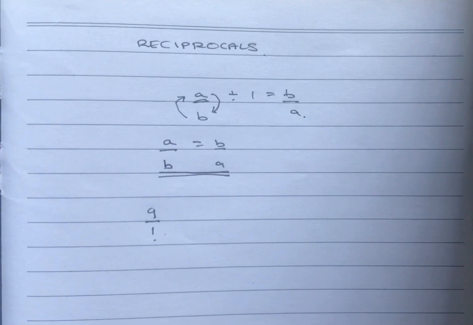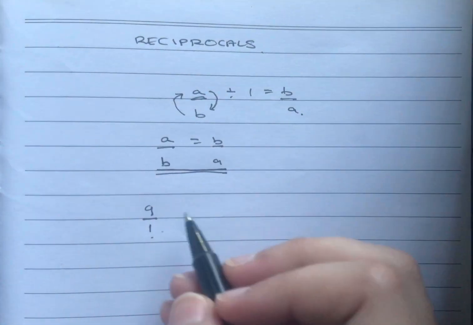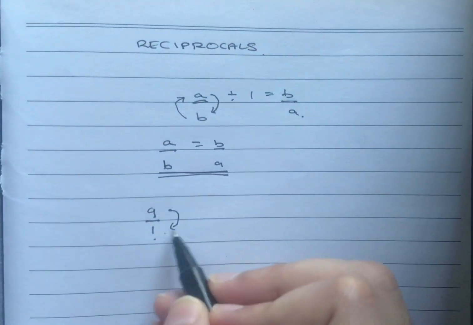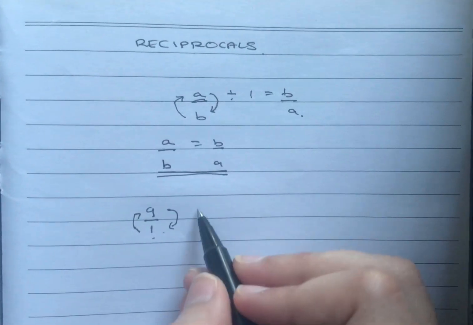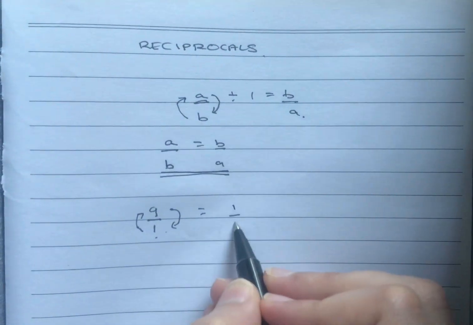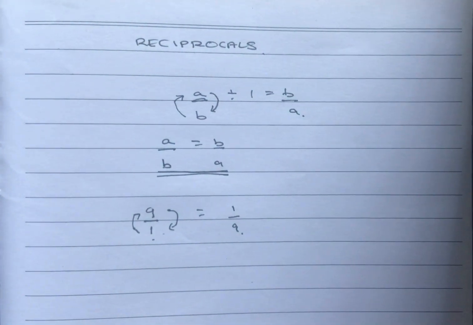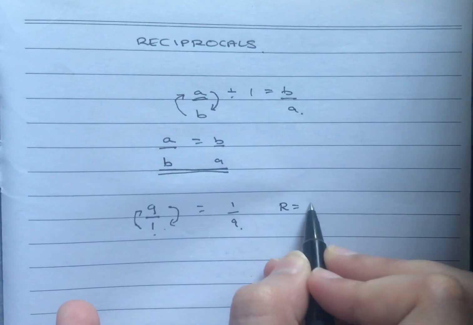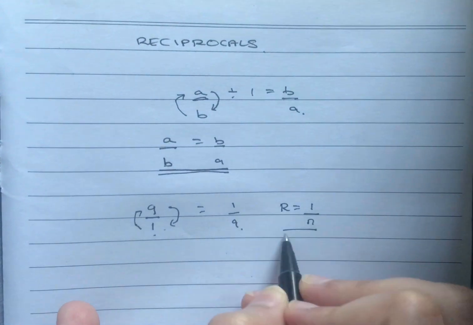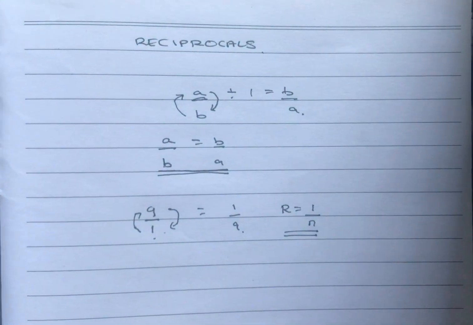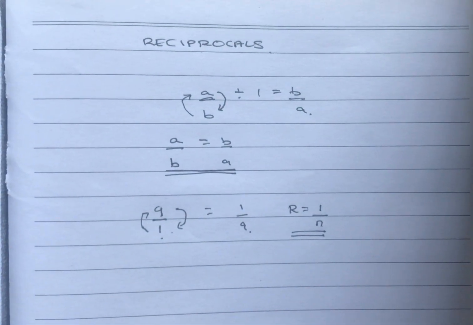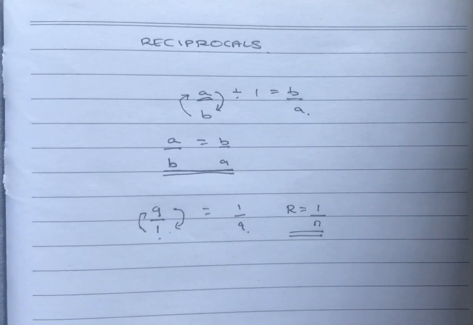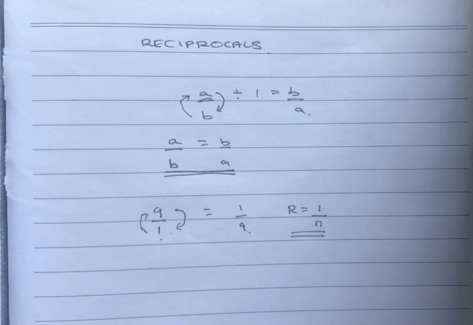They are all whole numbers written as fractions. If you've been told to switch, 9 over 1 is going to become 1 over 9. So the formula for all numbers is: the reciprocal is equal to 1 over the number you've been given. Note this down as well, because this is also important. These are the two formulas that we'll be using to solve the questions that I have for you today.